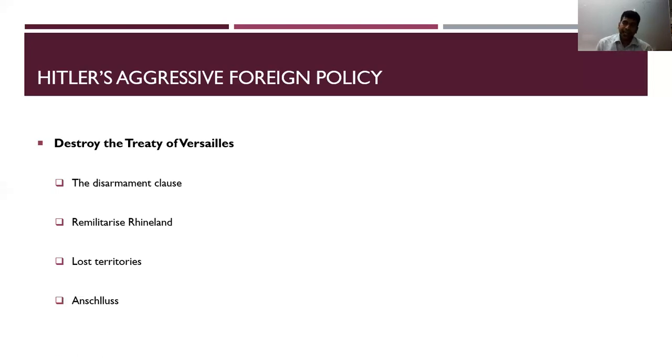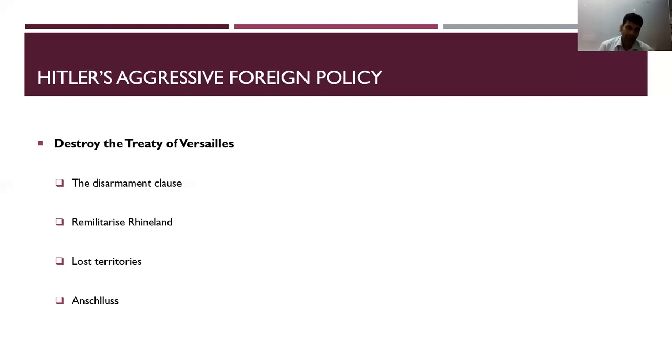Next would be the Anschluss. Anschluss means merging of two nations. So here you have the Anschluss. The Treaty of Versailles says that Germany could not and cannot merge with Austria. Now, the reason behind this is basically to make Germany weak.